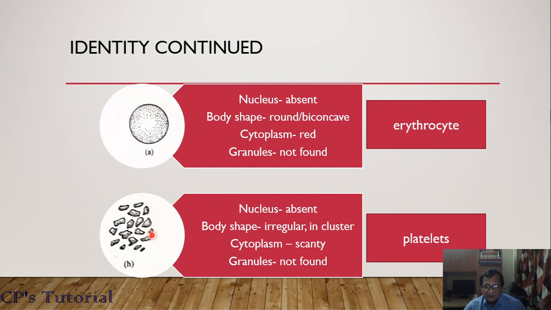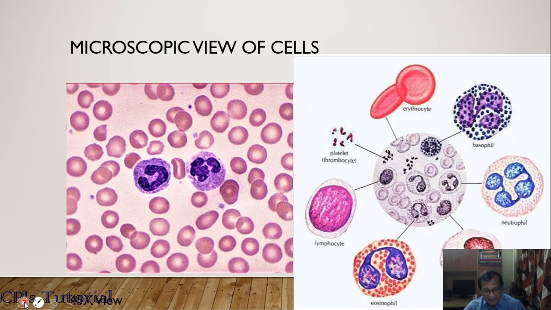In the field, you will see first at 10x objective. At 10x objective, you will see the total vision. But when you focus it at 45x vision, then you will see the WBC are surrounded by many RBC cells, non-nucleated RBC cells.